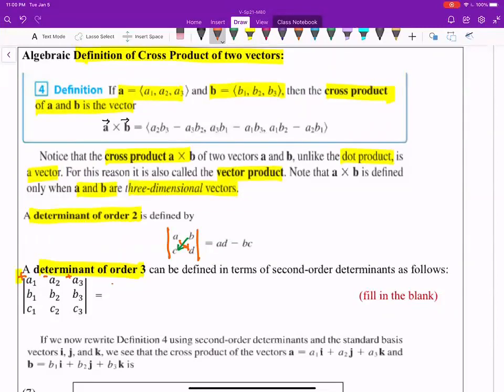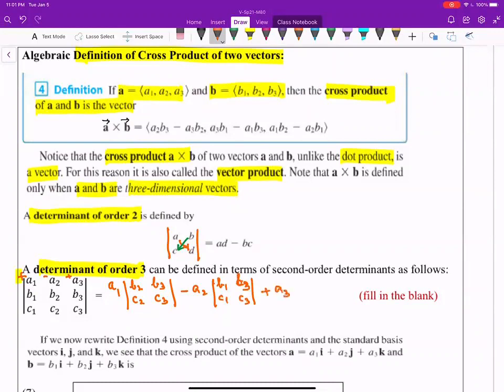We write the expansion as A1, and then delete the row and the column to which A1 belongs. Then you take the determinant of the remaining, which is B2, B3, C2, C3. Then you take minus A2, then you remove the column and the row to which A2 belongs, and you are left with the determinant B1, B3, C1, C3.